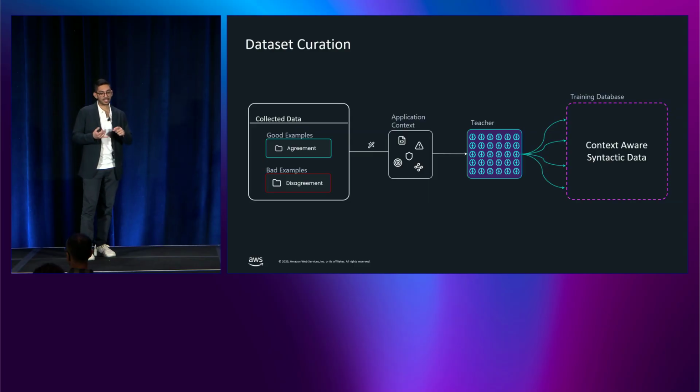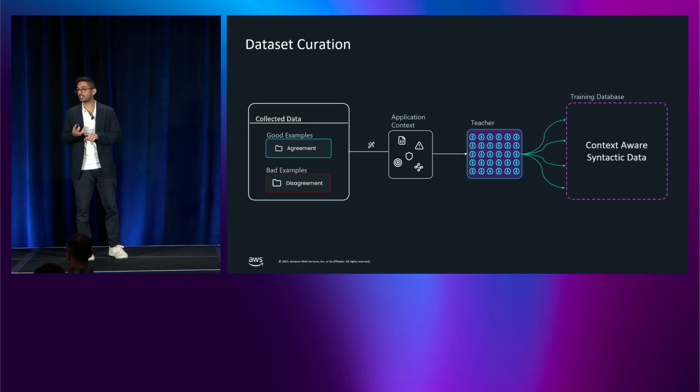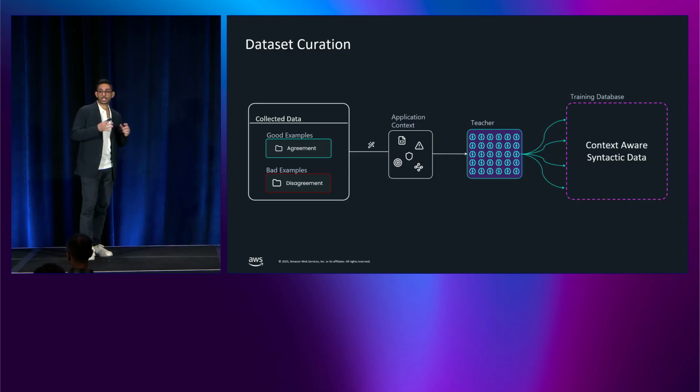For instance, the activated guardrails, the risk profile, and the environment that this example belonged to, and so on. And once we have this data, we use the teacher model, the bigger model, to add additional insights on this data. This creates our final data set for the fine-tuning job.